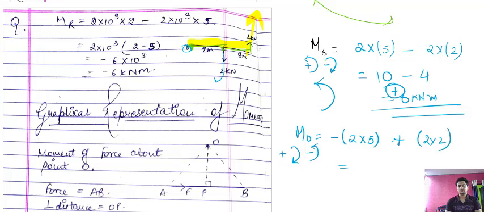Now this will come out to be minus 10 plus 4, that is minus 6 kilonewton meter.